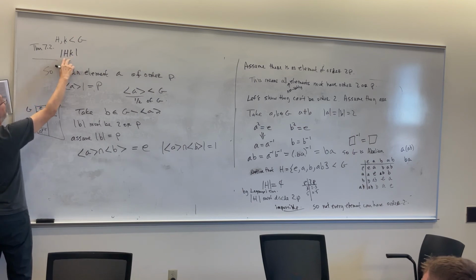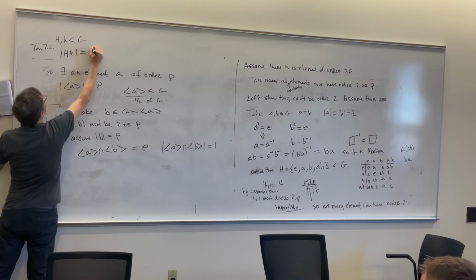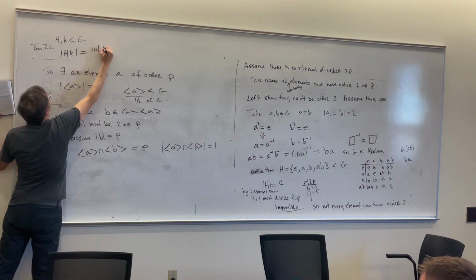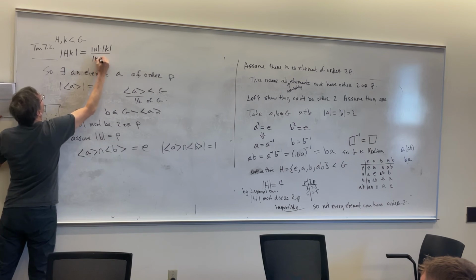It's only a subgroup if this is equal to KH. That this is equal to the order of H times the order of K over the order of their intersection.